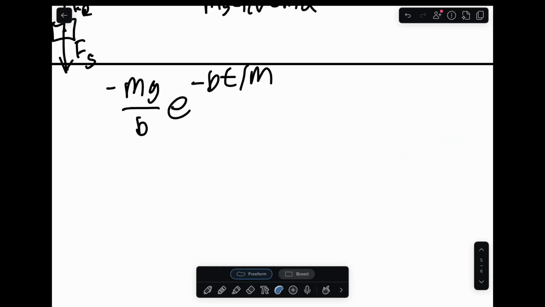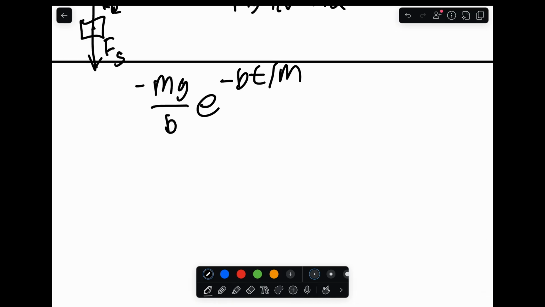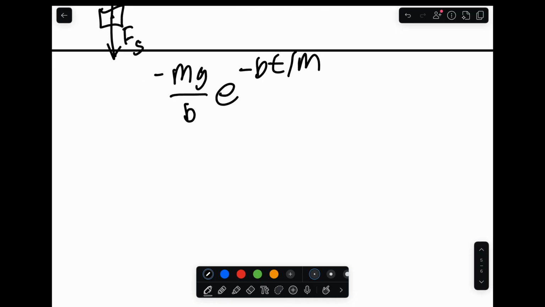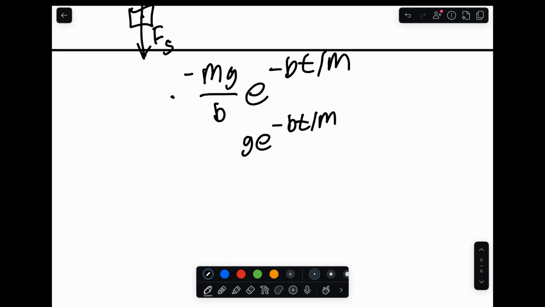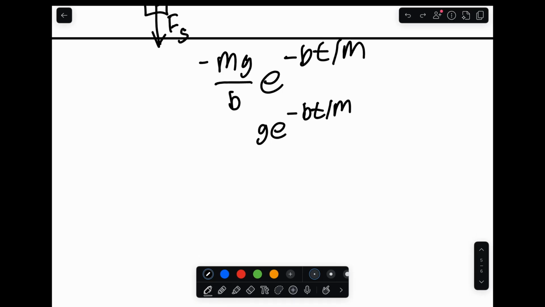And when we take the derivative of this, we would get g e to the negative bt over m, because we would then have the negative b over m, this all cancel out. And then this would be our acceleration as a function of time.